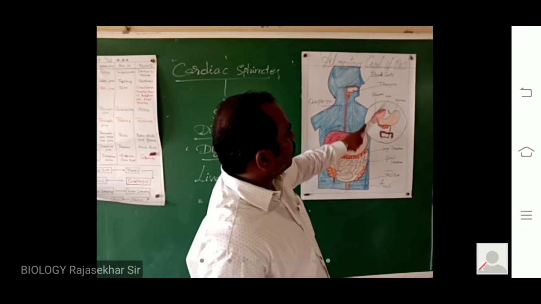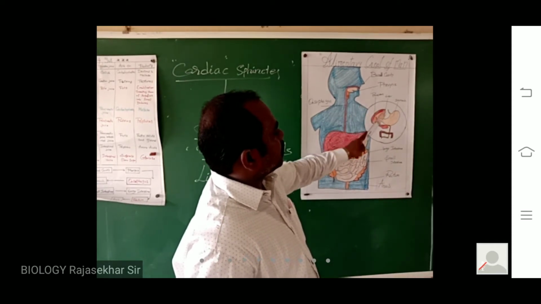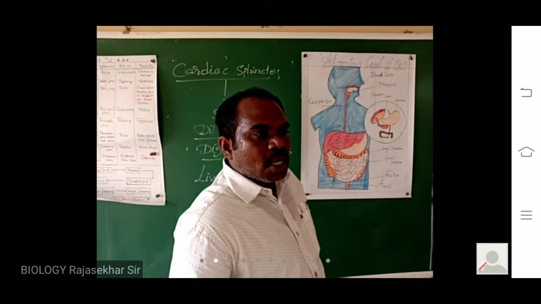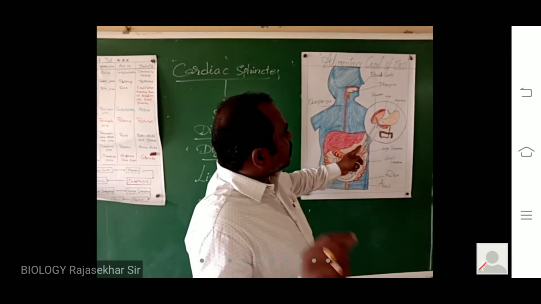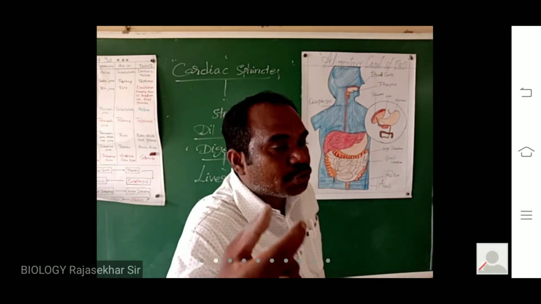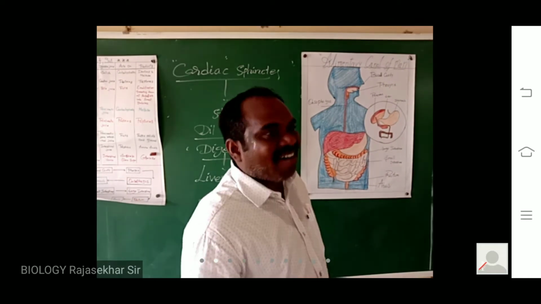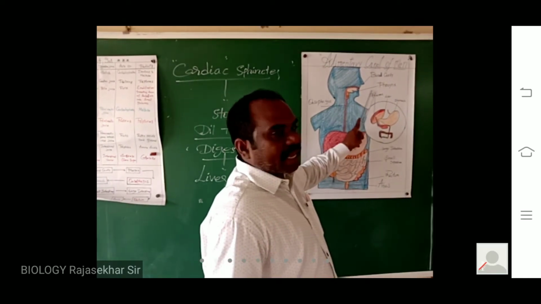This is the liver. You can observe the diagram, liver and pancreas. These glands secrete digestive juices and enzymes. The two glands are liver and pancreas.